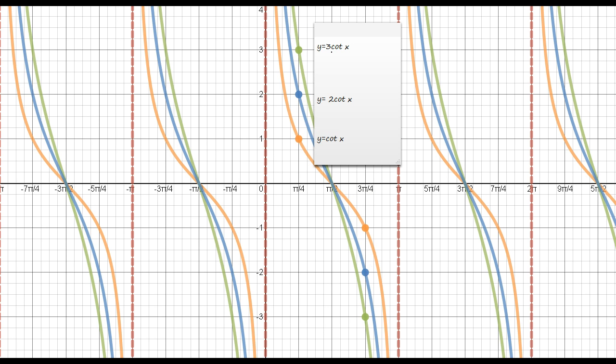And for y equals 3 cotangent x, at pi over 4 I'm up at 3, at 3 pi over 4 I'm down at negative 3. So even though these functions, cotangent and tangent, do not have amplitudes, the number that you see that's a coefficient, 3, 2, and 1, that determines the steepness of the graph. So you are still going to use that number as you graph, but you're not going to call it the amplitude because it really is not.